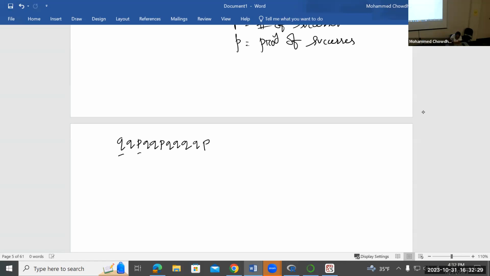So 1 success, 2 success, 3 success, 4 success. How many failures? 1, 2, 3, 4, 5, 6, 7. So that means r equals 4 and x equals 7. Altogether x plus r, the number of trials, equals 11, right?